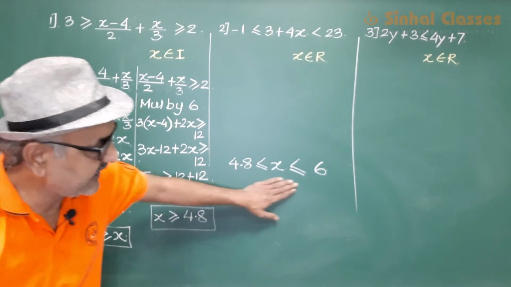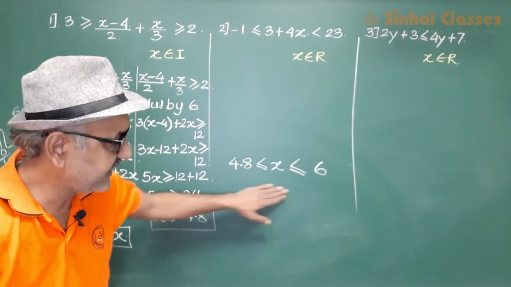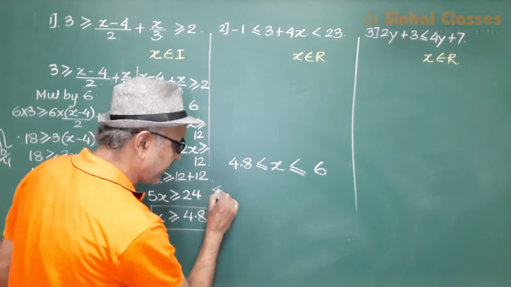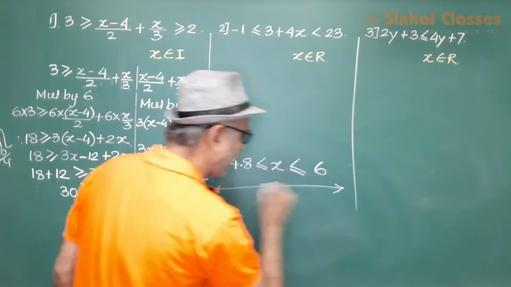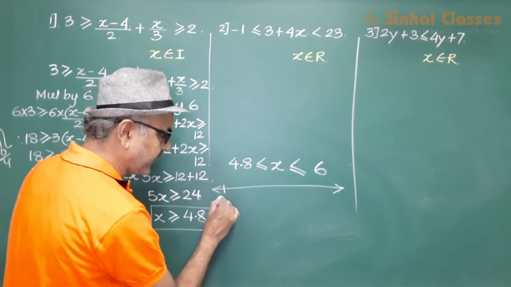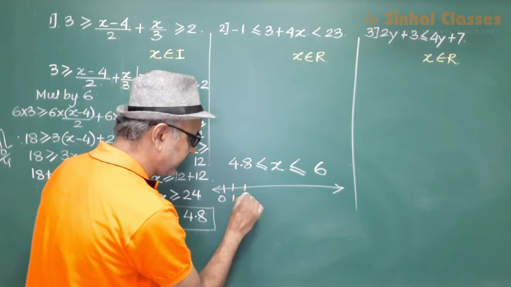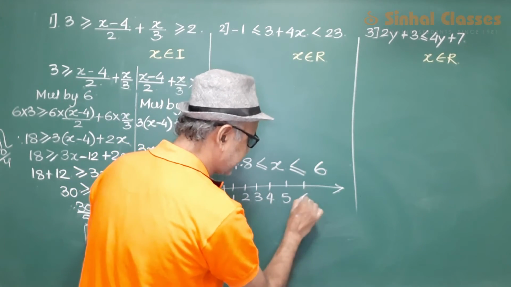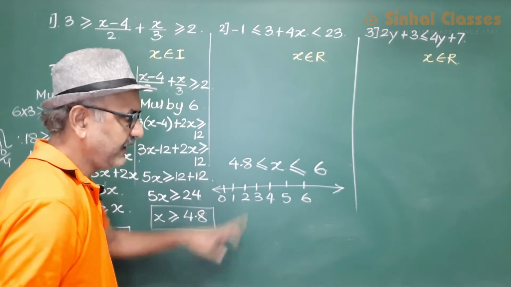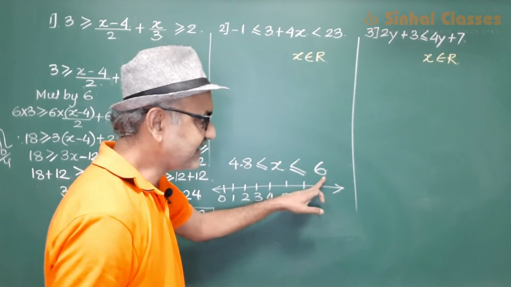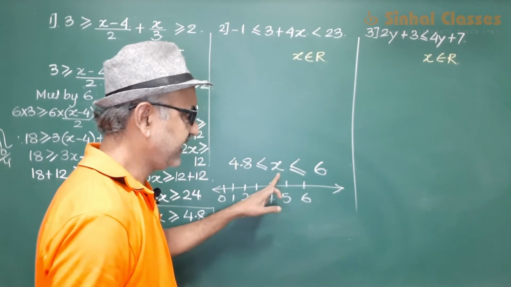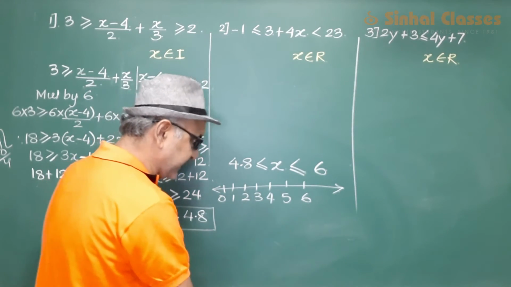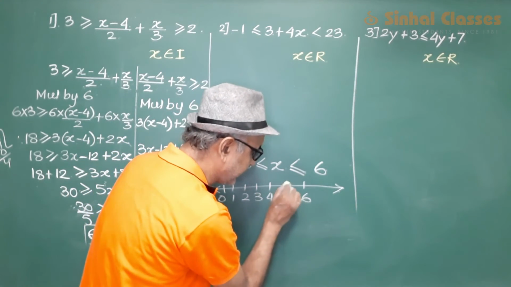Now if this is the range of x, we draw a number line, and on this number line we put 0, 1, 2, 3, 4, 5, 6. x is either 6 or smaller than 6, and x is greater than 4.8, which means x should be 5.